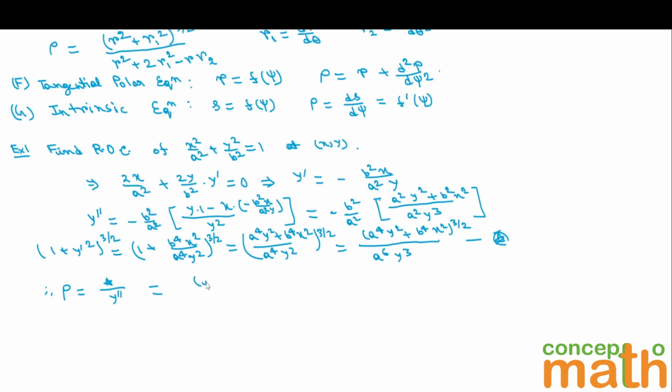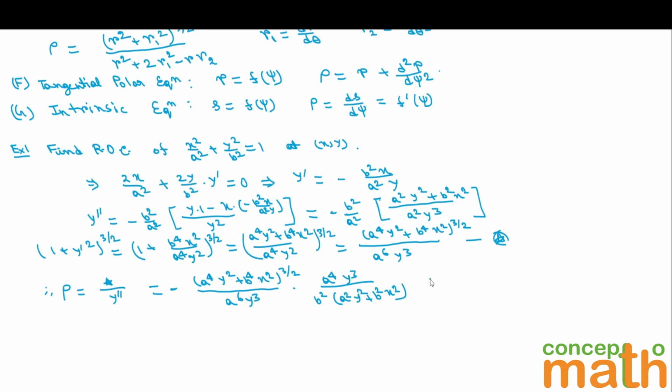So this will be basically (a to the power 4 y square plus b to the power 4 x square) whole to the power 3 by 2 divided by a to the power 6 y cube, into minus, we can plug it here, minus a to the power 4 y cube divided by b square into (a square y square plus b square x square).